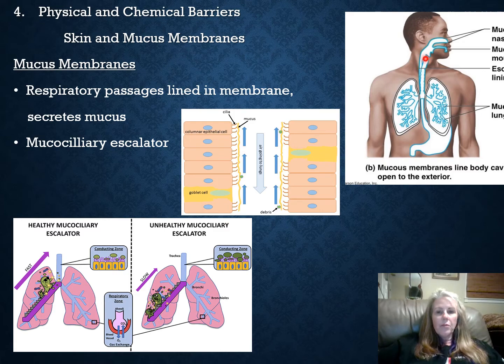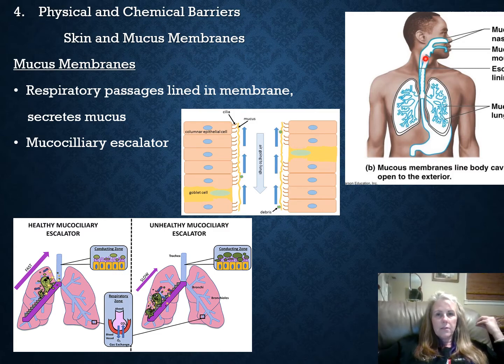So when we breathe in air, yes, we want air to come in, and the ultimate goal is to have air exchange in the tiny air sacs in our lungs. However, with our air comes lots of different particles, particles that we typically can't see because they're microscopic. So dust, bacteria, other droplets, parts of insects, all of that we're breathing in.